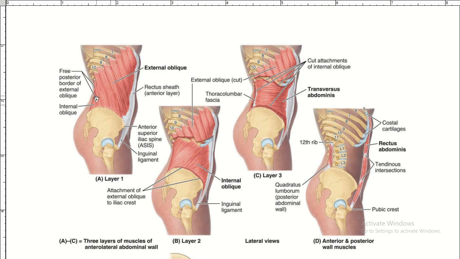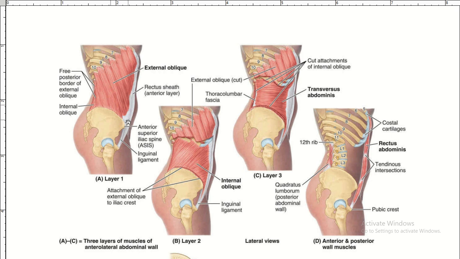So its origin is the lower 8 ribs and the anterior half of the iliac crest. And then it's going to insert into the linea alba, as well as the pubic tubercle.